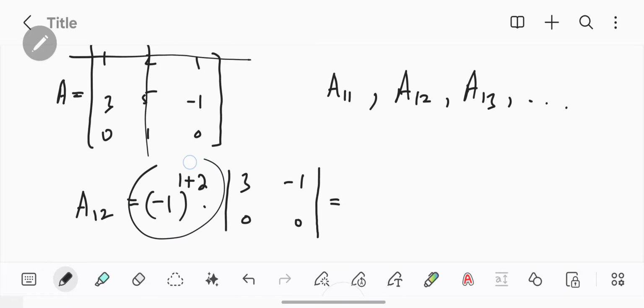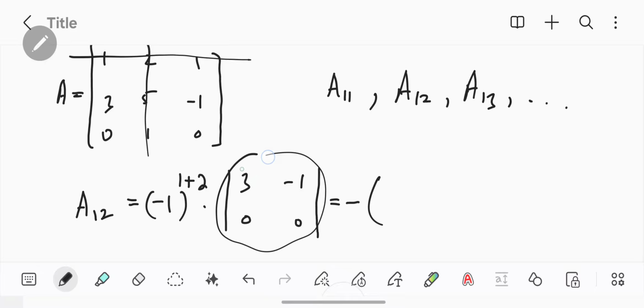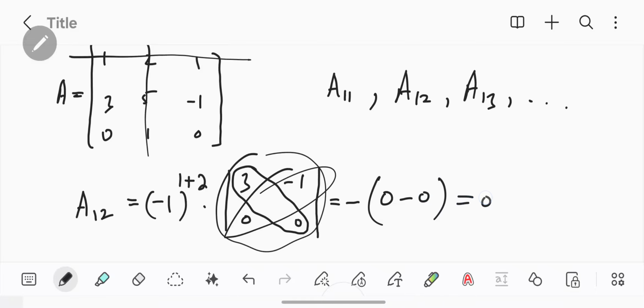Minus 1 to the power 3 is minus 1 to the power of an odd number, which is always minus. And what is this determinant? It is the product of these two minus the product of these two. Since the product of these two is 0 and the product of these two is also 0, the answer is 0.